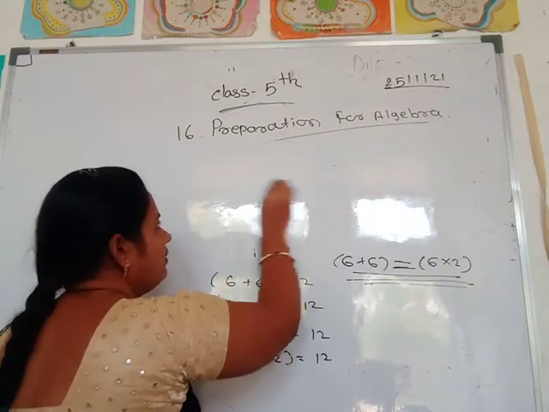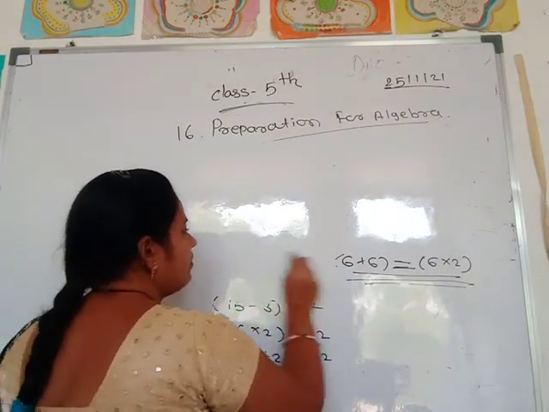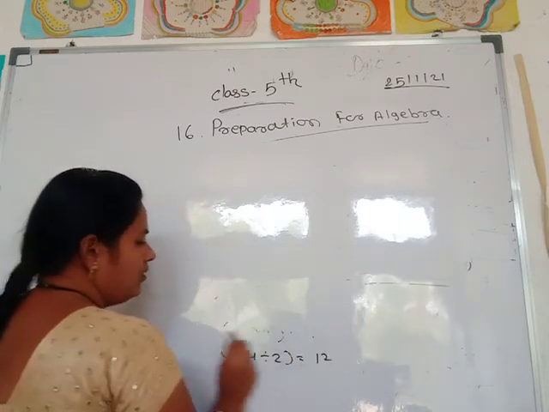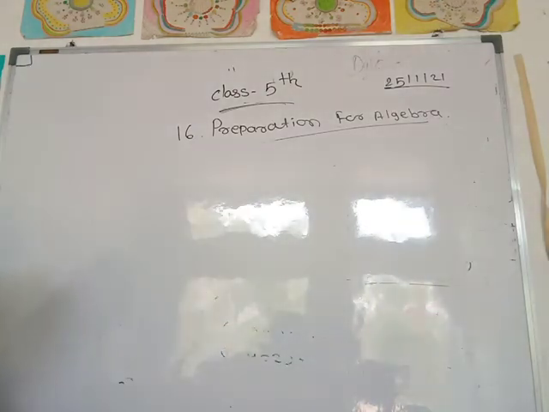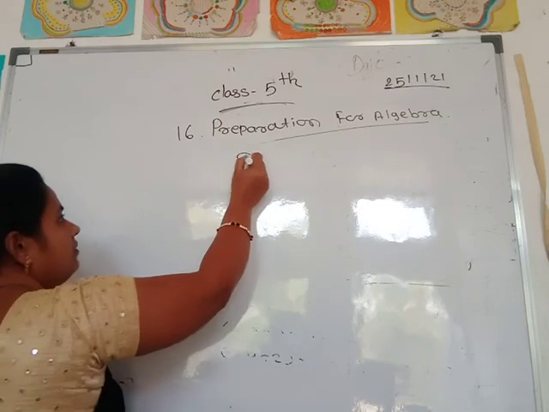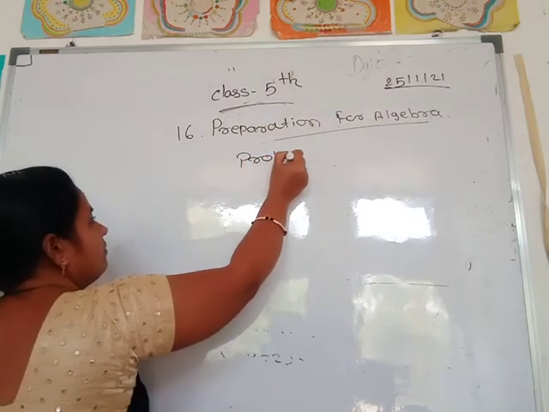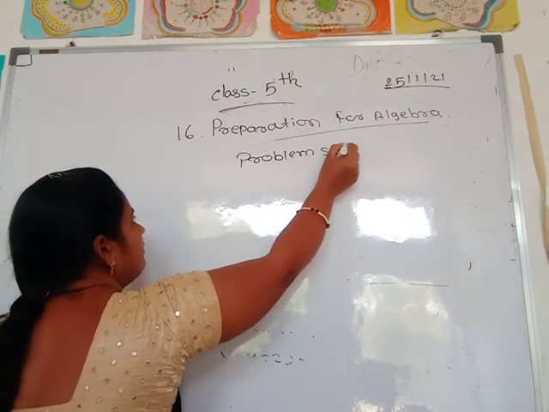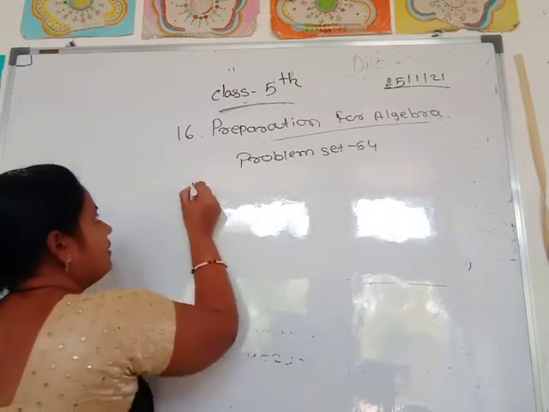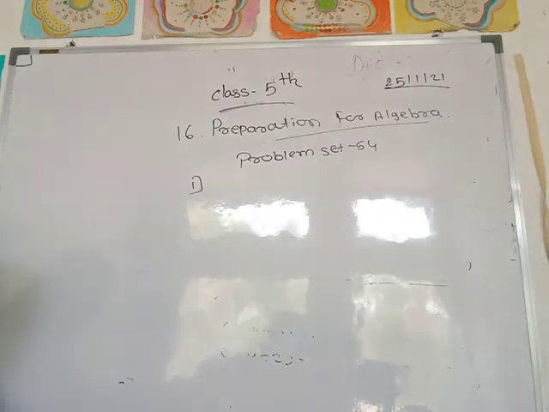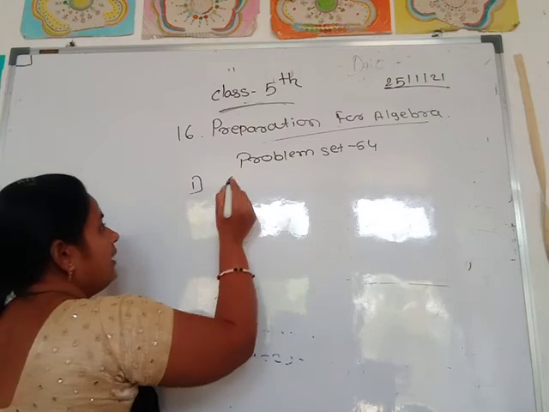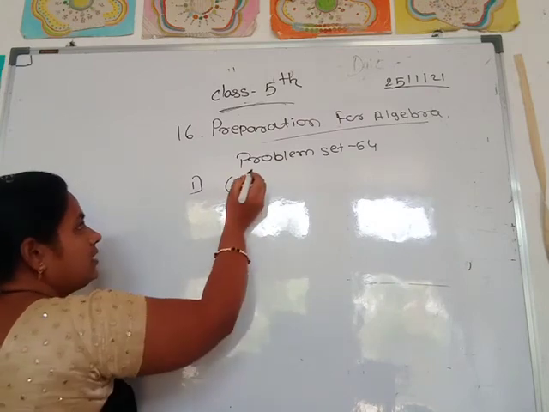Write this question: problem set 54, first question. Using brackets, write the three pairs of numbers whose sum is 13. Use them to write these three equalities. You write three pairs whose sum is 13.